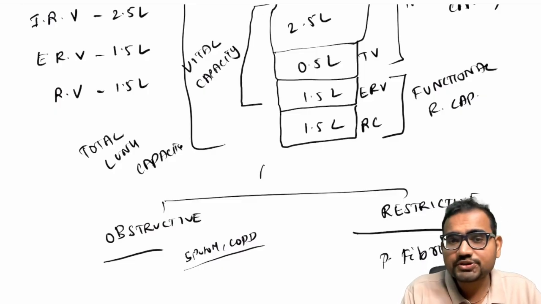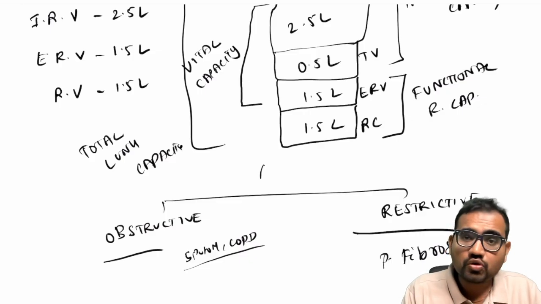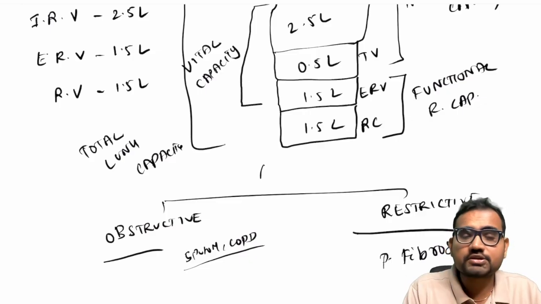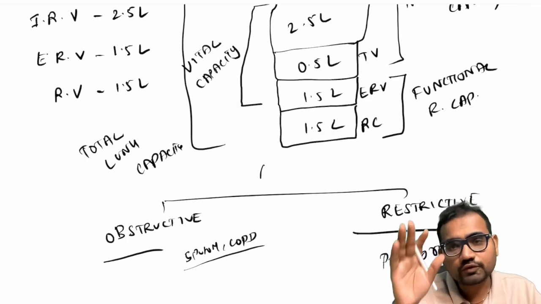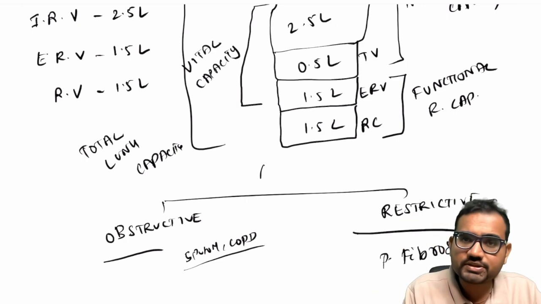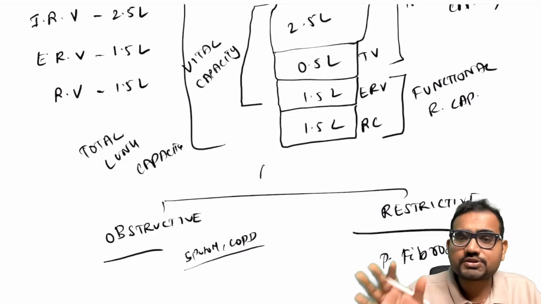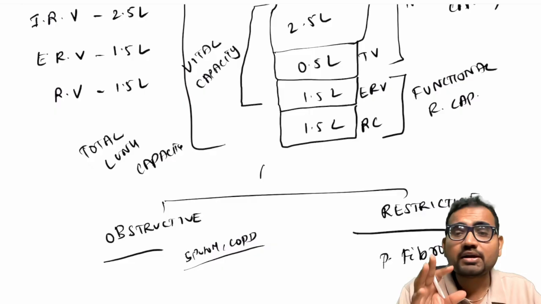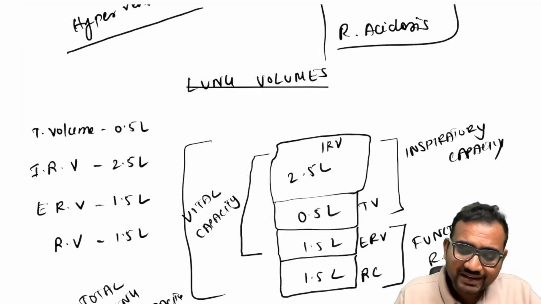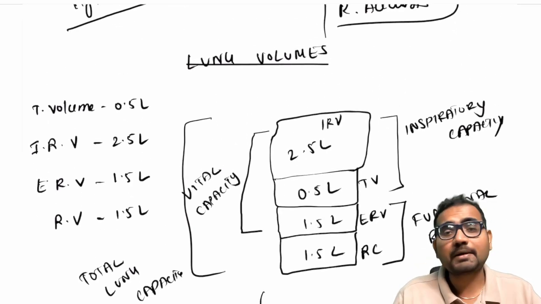Why? Because expiration is a passive mechanism. So expiratory reserve volume and the residual volume will be reduced in obstructive diseases. In restrictive diseases, all the four will be reduced. In obstructive diseases, the expiratory reserve volume and the residual volume will be decreased, because inspiration is an active mechanism and expiration is a passive mechanism, so inspiration will be normal and expiration will be affected. So this is about lung volumes and lung capacities.